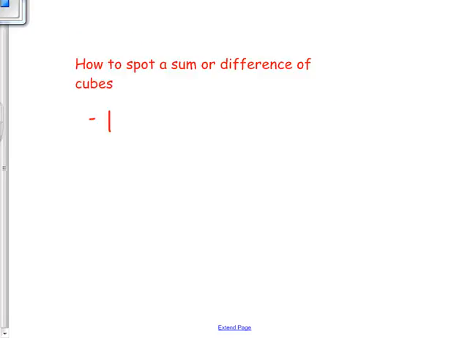There's still just two terms, so we either have a plus or a minus. It's a sum or a difference.